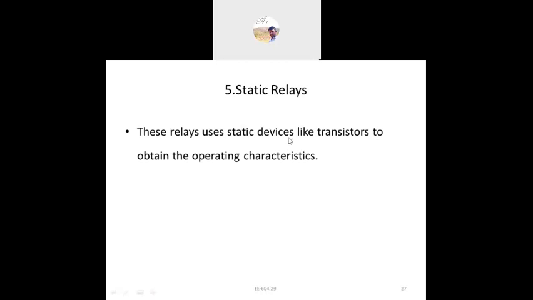In electromagnetic relays we have wire wound coils. In thermal relays we have the bimetallic strip. But in the static relay we have transistors, based on transistor working, and ICs. In microprocessor-based relays we have a microprocessor.